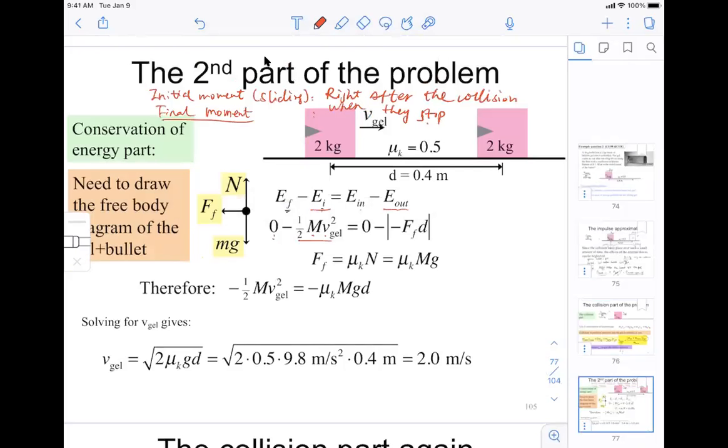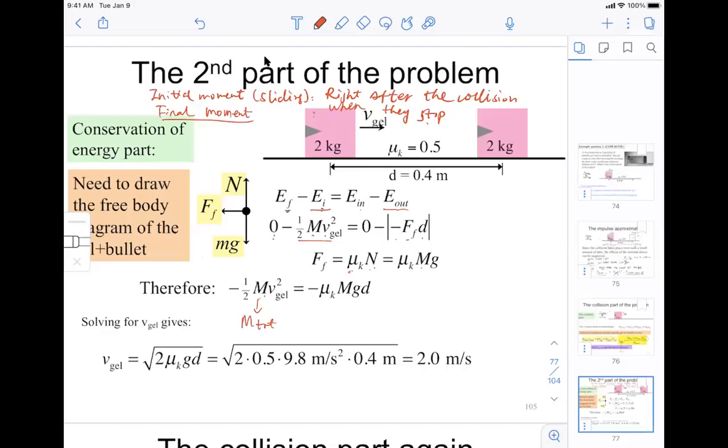The work done by friction is negative friction times distance, force times displacement. Friction is mu times N, the coefficient times the normal force, and the normal force is the mass times gravity, so mg. Putting everything together, you can see I get 1/2 mv squared. This is the mass for both, right?